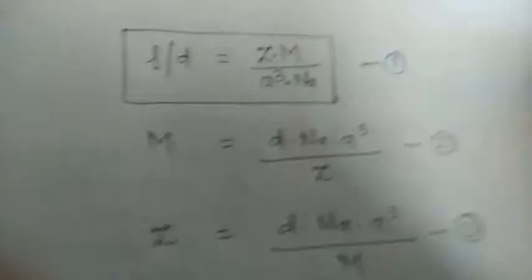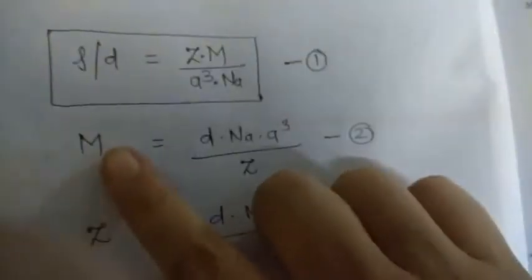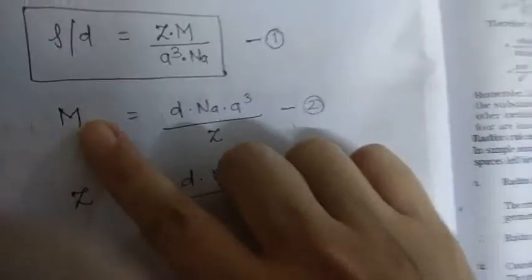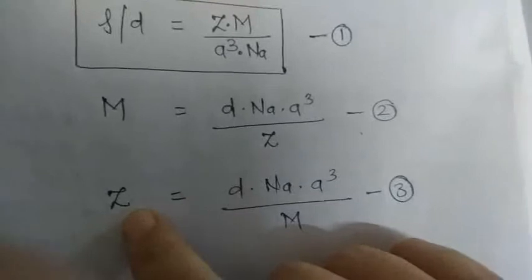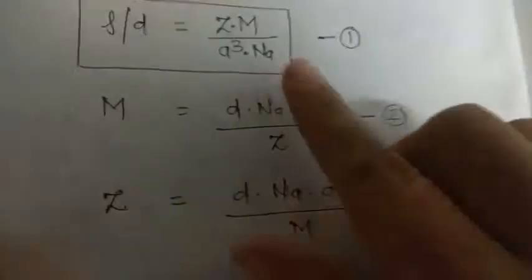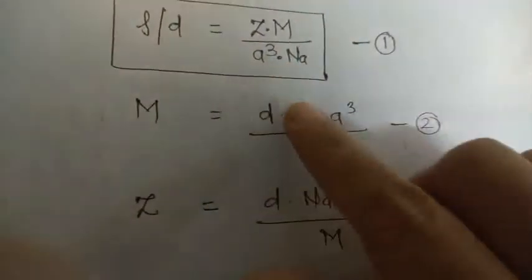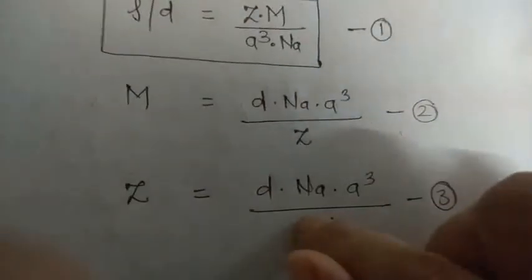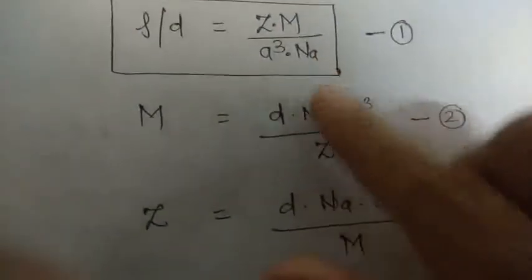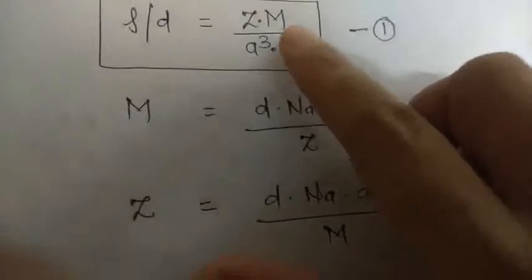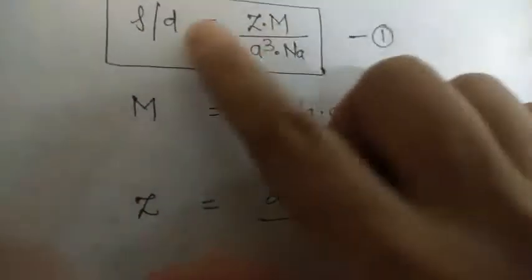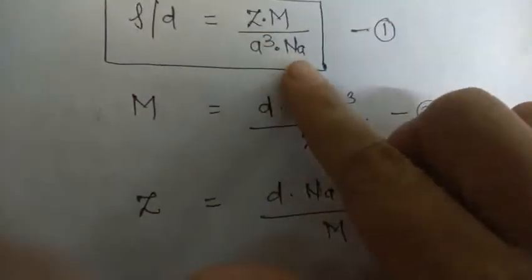Now suppose somebody tells us to calculate the molar mass, or to calculate the Z, that is number of atoms, then we can use this formula only to derive those formulas. But I suggest you not to learn separate formulas, just learn this formula: d is equal to Z into M upon a cube into Na.